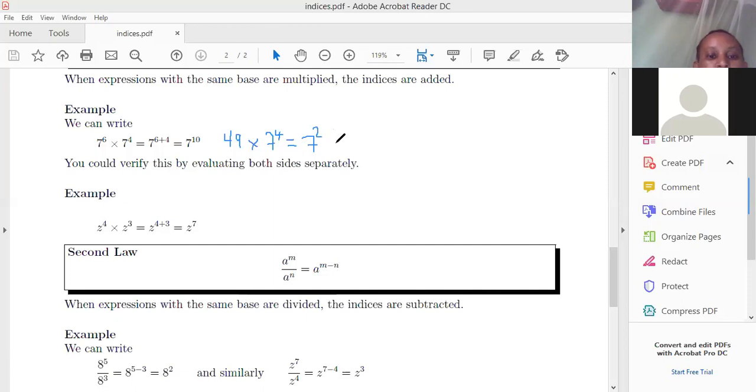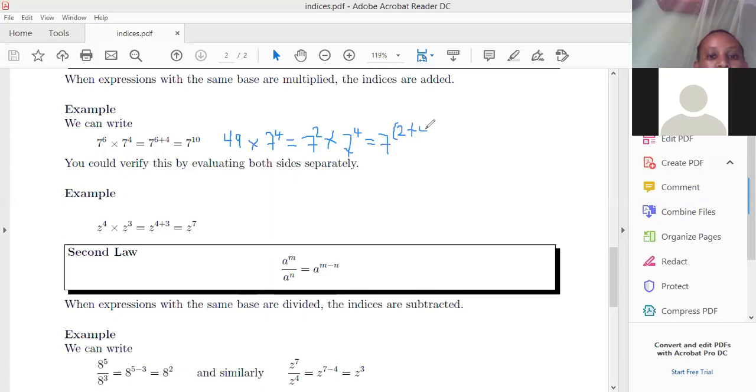And then we multiply this one by 7 to the power of 4. Because now we have the same base, we can maintain that base. And then what do we do with the powers? We are going to sum the powers. So here we'll have 2, we add it to 4.